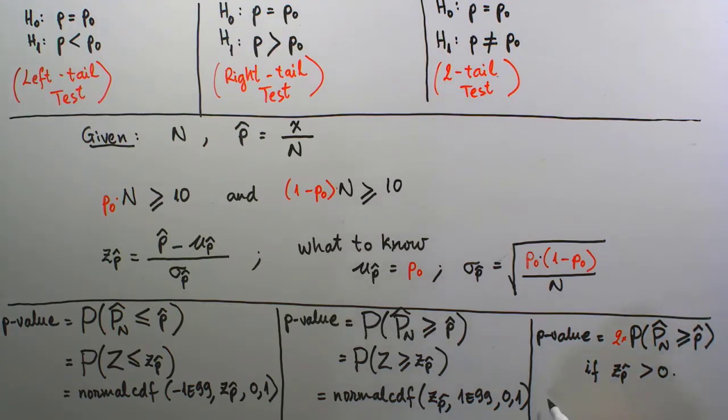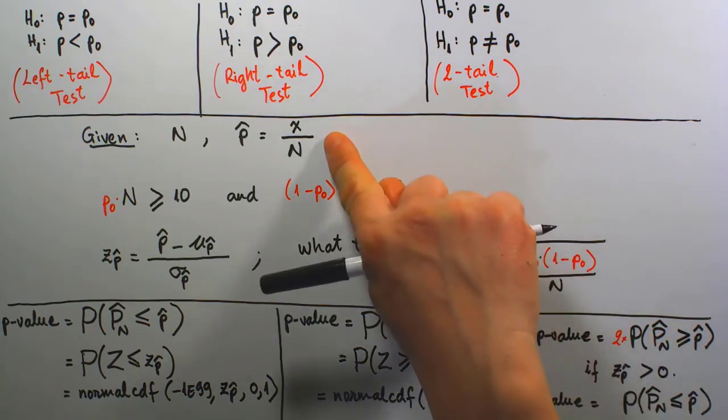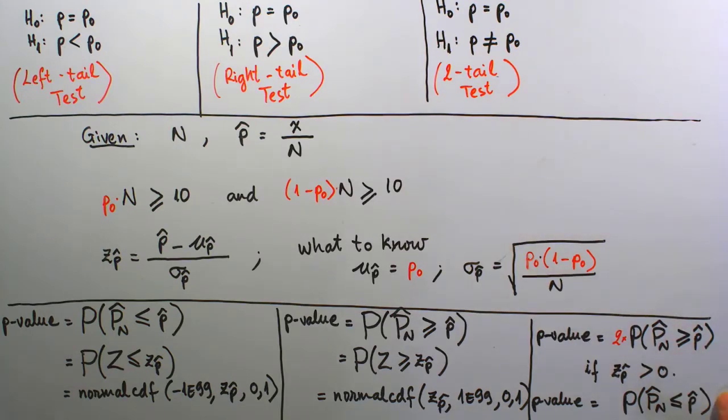In another case, we will calculate the p-value as the probability where we find a sample proportion at size n less than or equal to the value we have obtained, the value of the sample proportion we have in our problem, and multiply that probability by 2.